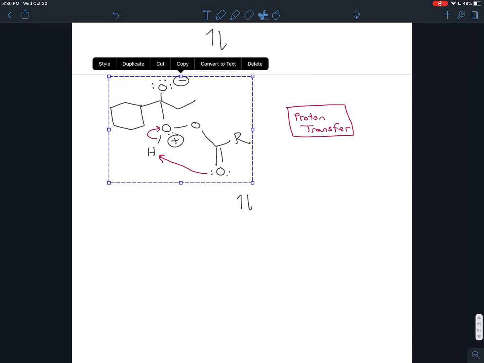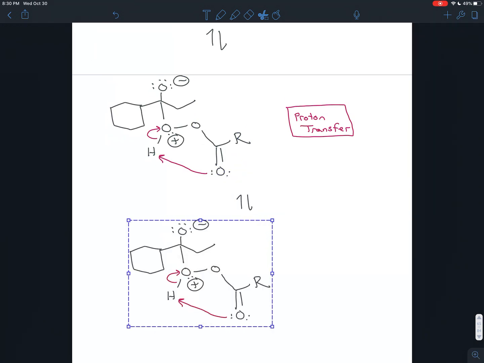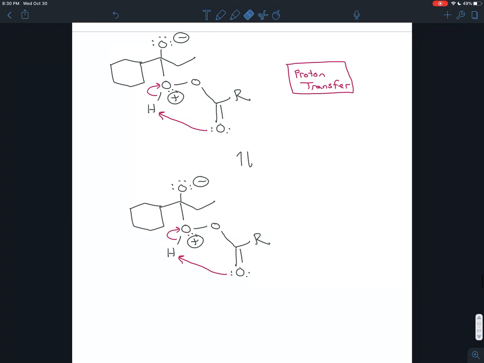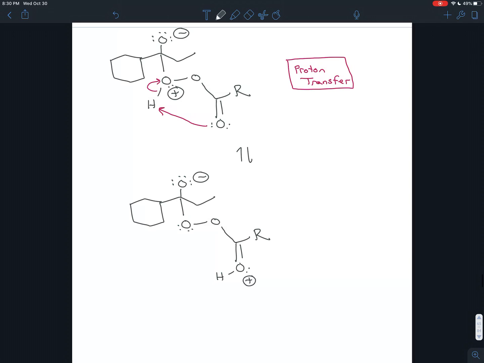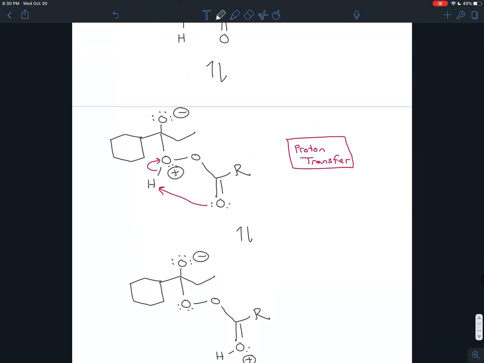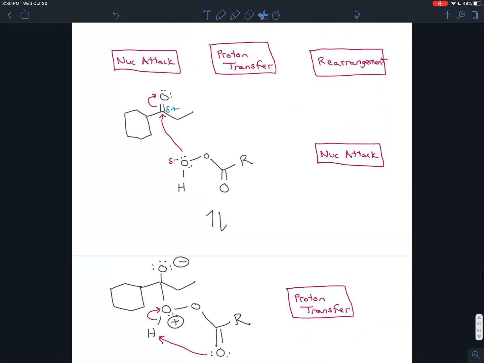When we're done with that, we have almost the same molecule, but this hydrogen moves to this oxygen, which now only has 1 lone pair, 3 bonds, so that has a positive charge. And this bonding electrons, those go onto the oxygen there. Okay, so we did a proton transfer. Now is the sort of interesting part. Now is the rearrangement. So that's what we're going to get.